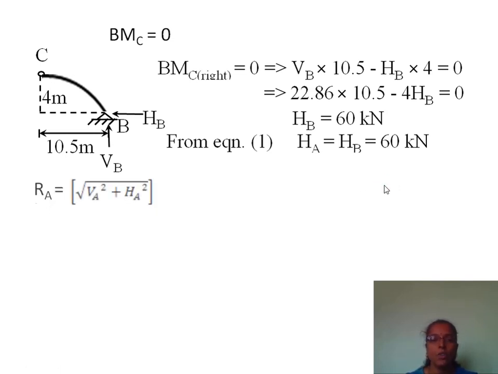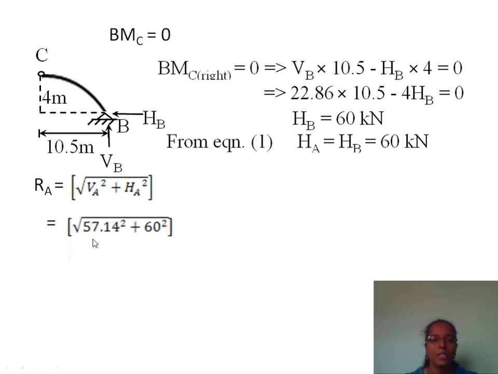The net reactive components are calculated as RA equals square root of VA square plus HA square. Substituting VA as 57.14 and HA as 60, the value of reaction RA is 82.85 kilonewton.